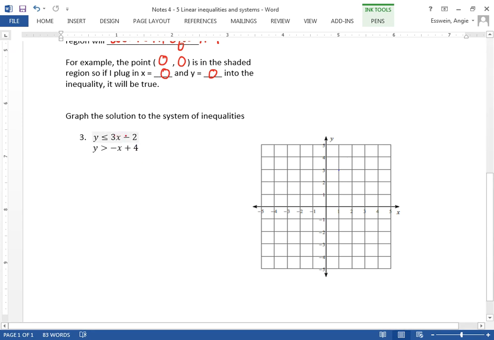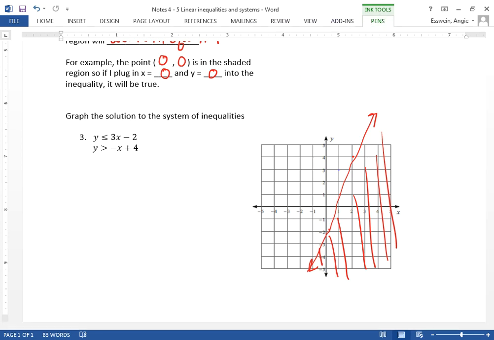So we have y less than or equal to 3x minus 2. So you go to negative 2, and then you go up 3 over 1, up 3 over 1, and it's going to be solid. And we are going to shade, it says less than, so below. Look on the y-axis and go below. So anything in here will work in the first inequality.